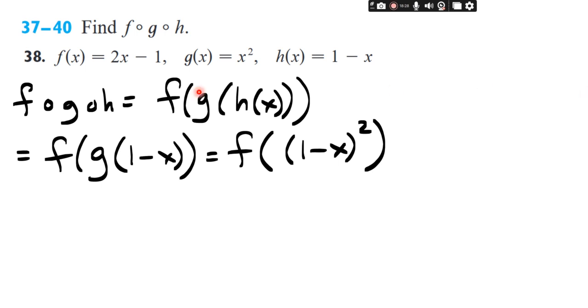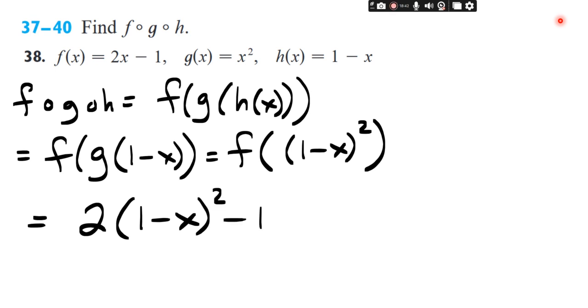All right, what does the f function do? It doubles whatever it has, and then subtracts 1 from it. So it doubles and subtracts 1. So let's rewrite this one as doubles and subtracts 1. And that is it.